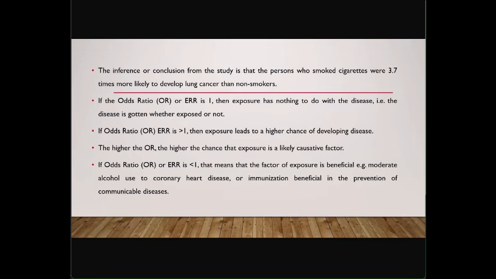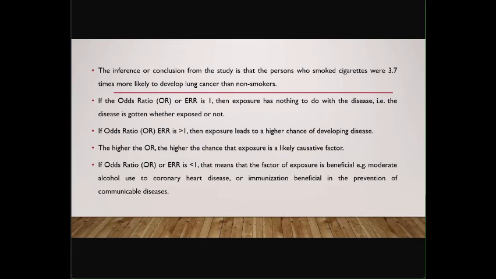Now, the general way we make inference is that if the odds ratio or estimated relative risk is 1, then we say that the exposure, in this our example cigarette smoking, has nothing to do with the occurrence of the disease, which in this case is lung cancer. It means that the number of lung cancer cases is the same among those who are smoking and among those who are not smoking.